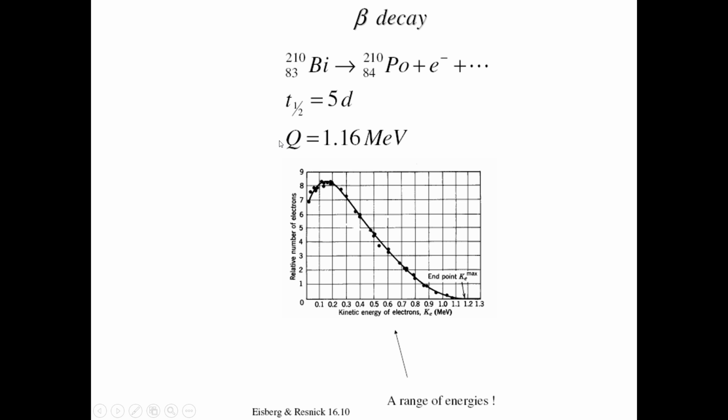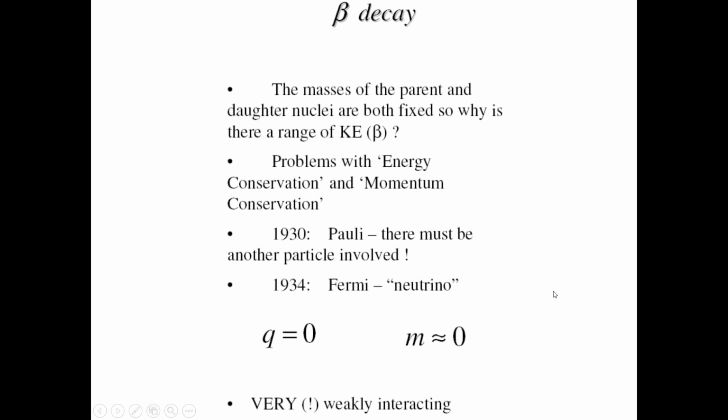During this process, we have a disintegration energy of 1.16 mega electron volts. If we plot the kinetic energy of the beta particle against the relativistic number of the electron, we can have a graph like this, for a range of energy. We can have further discussion about that in the coming slide.